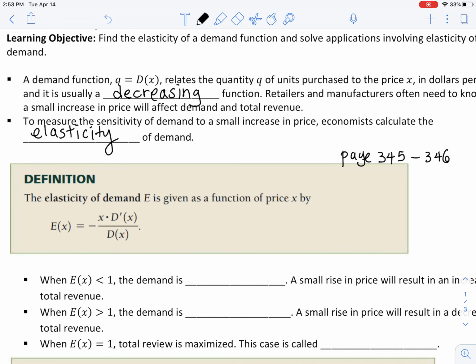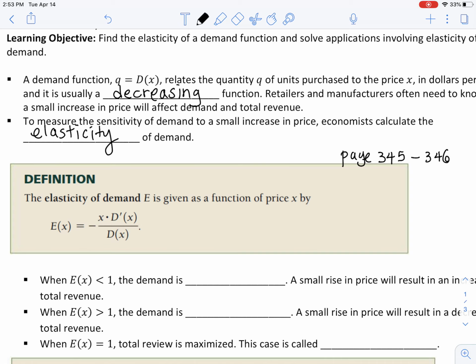It goes like that. It will be a negative x times the derivative of the demand function divided by the demand function. So the first thing we're going to do is we're going to be given the demand function, and we will find the elasticity of demand function by using this formula. Okay? All right. And then we're going to do some interpretation.